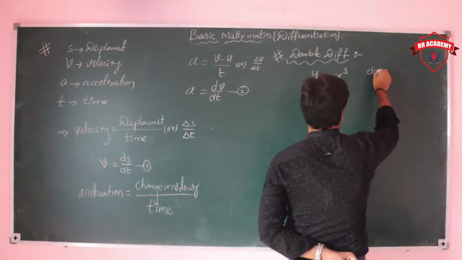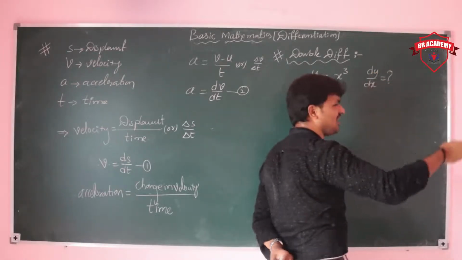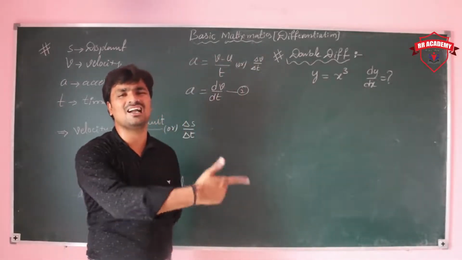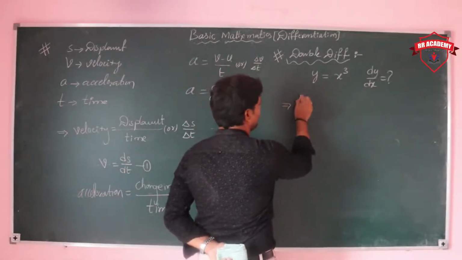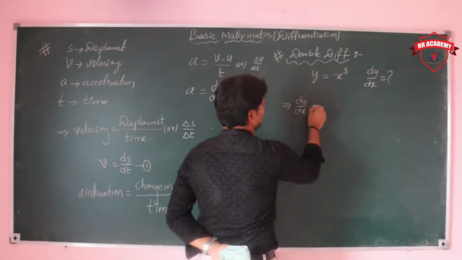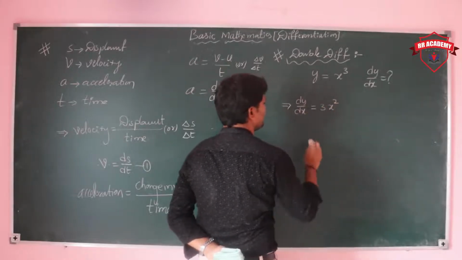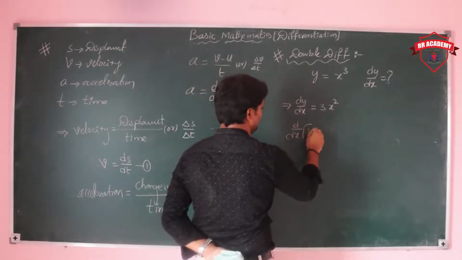You find dy by dx, but I also ask for the next order differentiation of that, which is called second order differentiation. If you differentiate, how much do you get for dy by dx? 3x square.